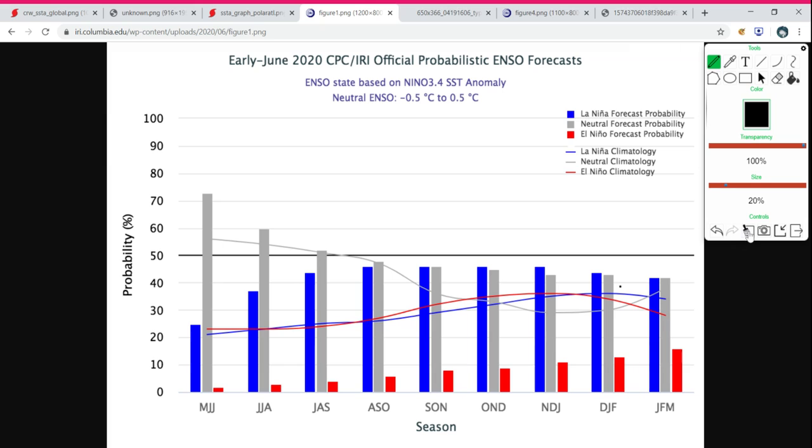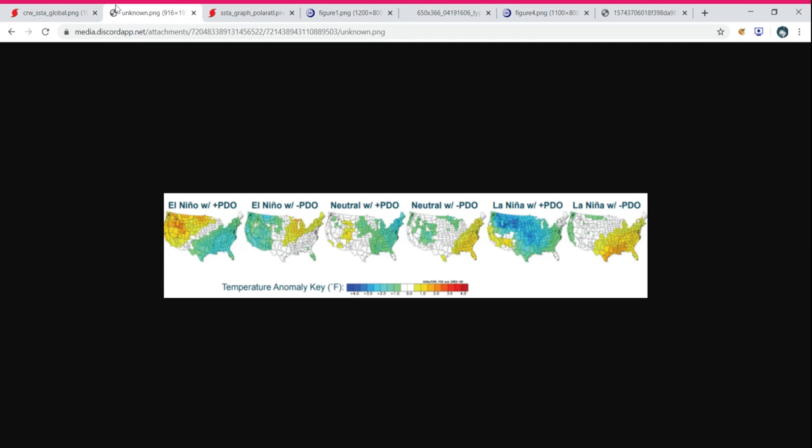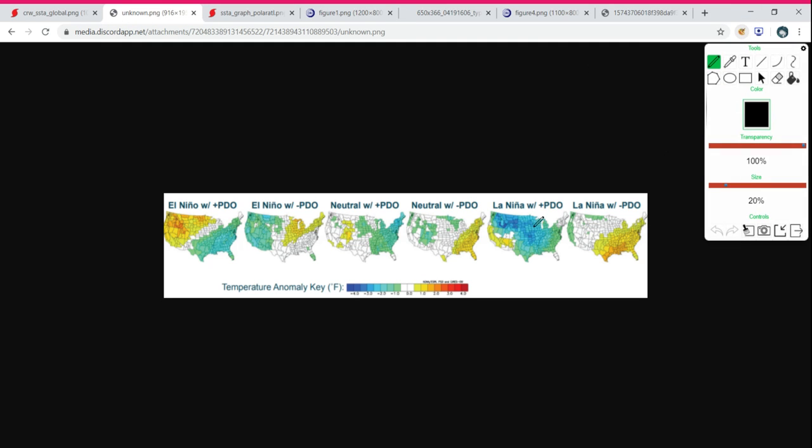So what implications does that have? Well, as I said before, it varies based on PDO. These are the 4 potential patterns based on whether we get La Nina or neutral. In a neutral with a positive PDO, you get an eastern trough, a pretty powerful one.